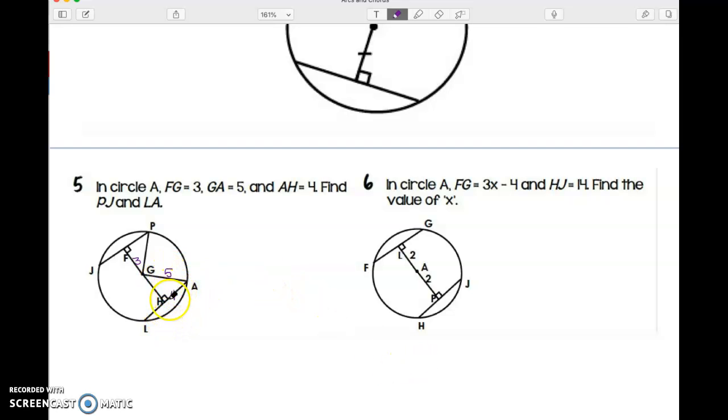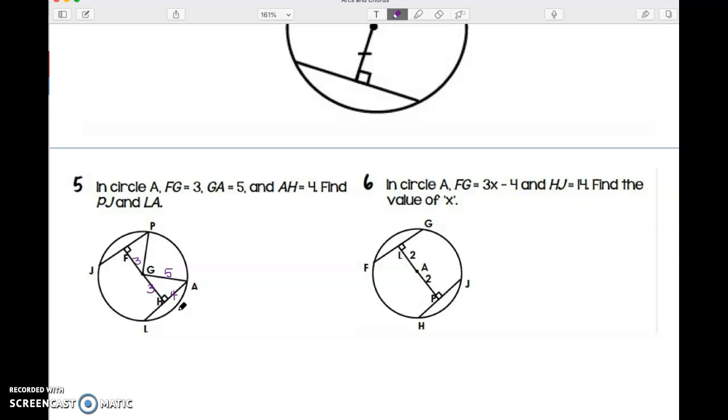So we have some right triangles that we have created with these chords because we have 90 degrees. So again, they have to tell us it's 90. 3, 4, 5 is a Pythagorean triple. You could set up and solve if you don't know your Pythagorean triple, but 3, 4, 5 is kind of the easiest one to remember.